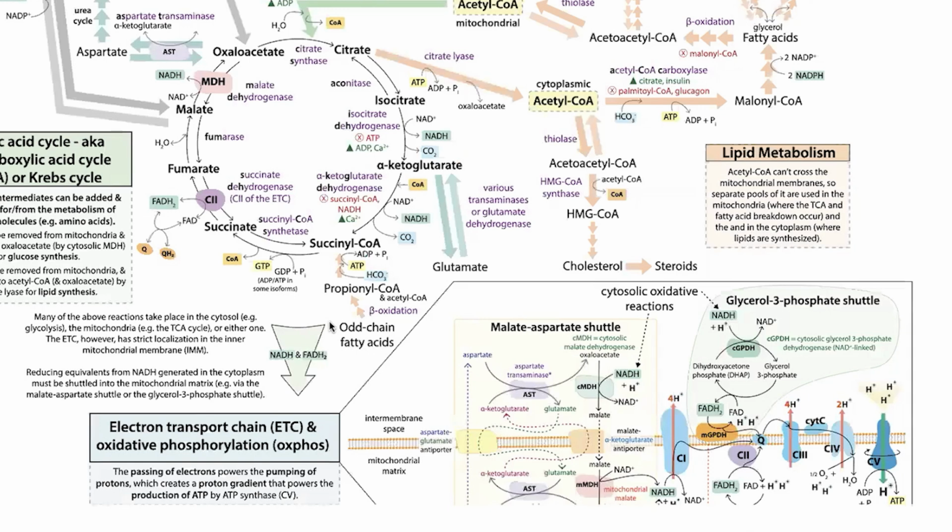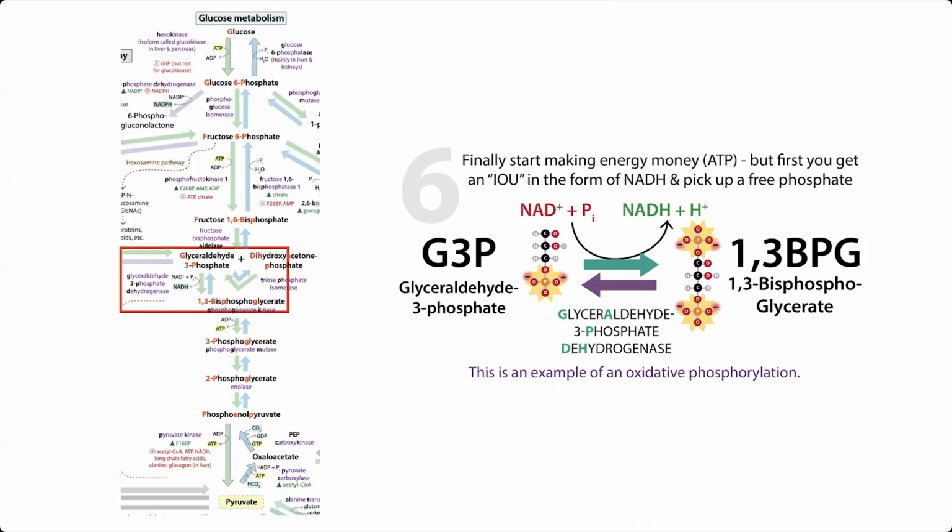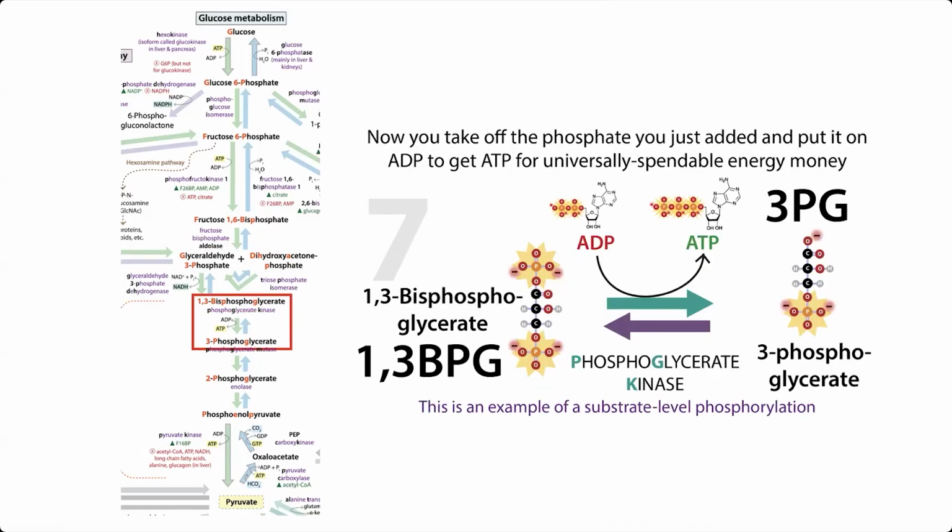That too takes an inorganic phosphate, but then it sticks on to ADP to give you ATP. Here we're sticking the phosphate group onto glyceraldehyde 3-phosphate in order to give us 1,3-bisphosphoglycerate. So although it is an oxidative phosphorylation, it's not the oxidative phosphorylation that we typically refer to when we talk about OXPHOS. So why do we do that?